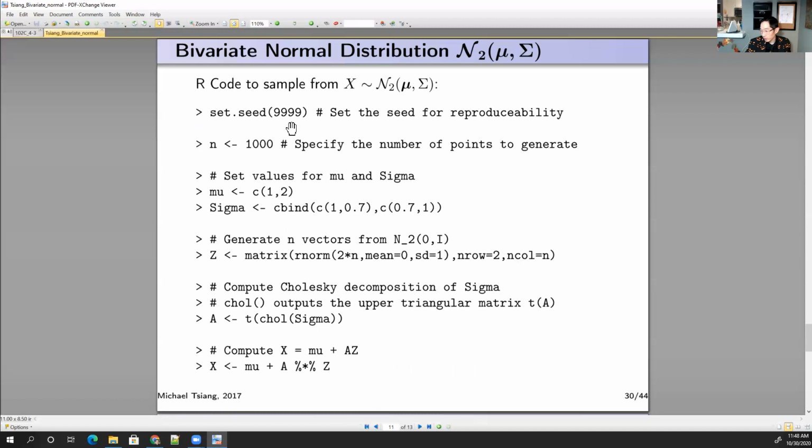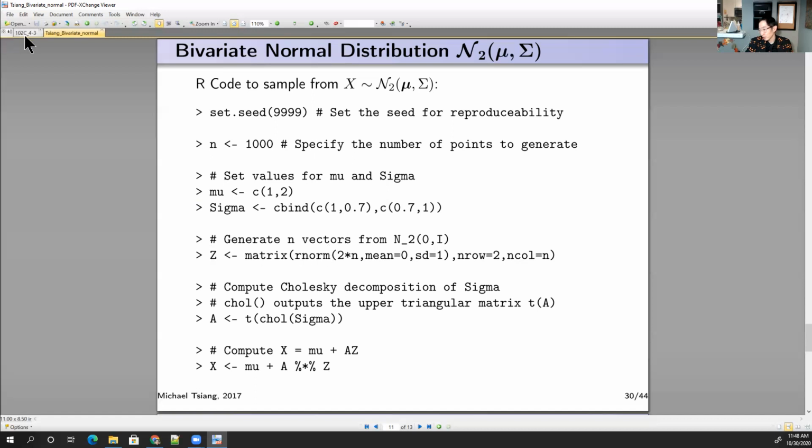All right, and so if I do that, here's just some code. We're going to generate 1,000 random variables. Our mean vector is going to be 1, 2. Our sigma matrix is going to be 1, 0.7, 0.7, 1, and then we generate values from the random normal.